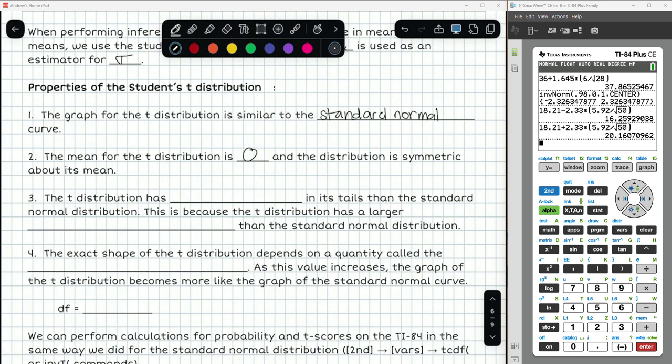One of the important differences is that the t distribution has more area in its tails than the standard normal distribution. It is a wider and flatter distribution.